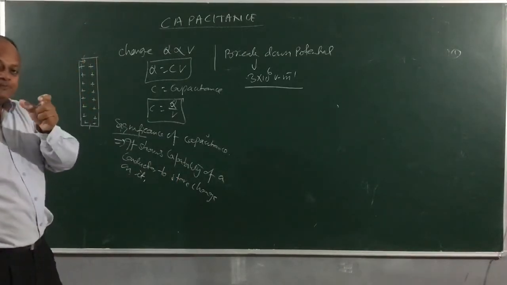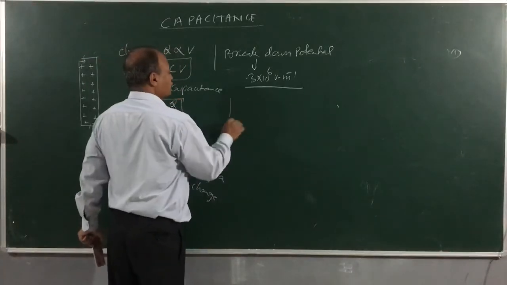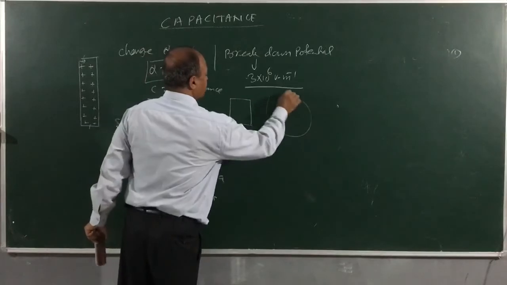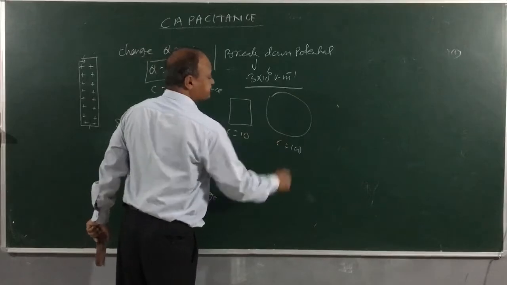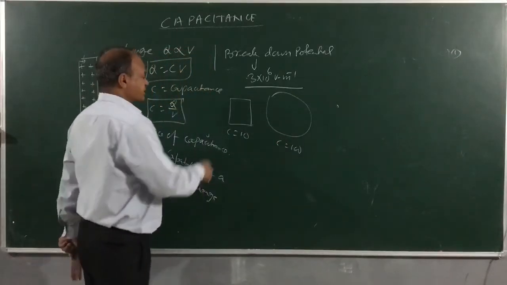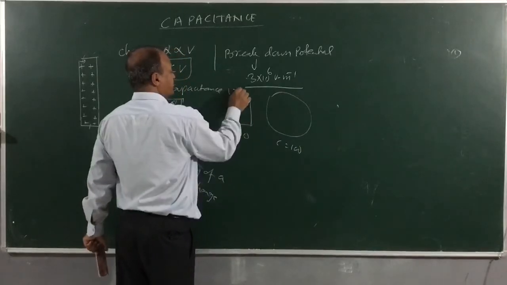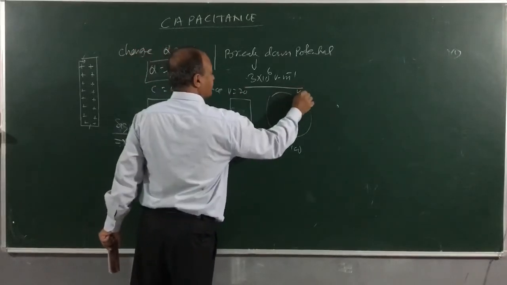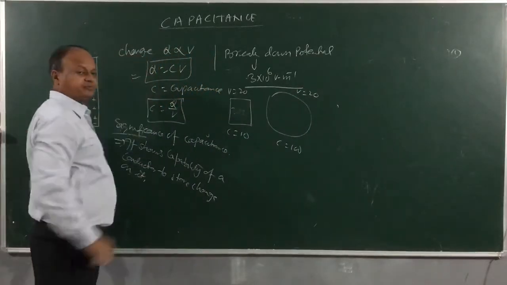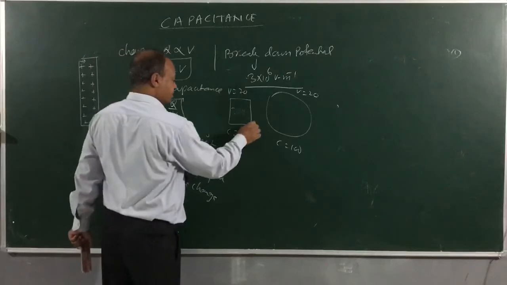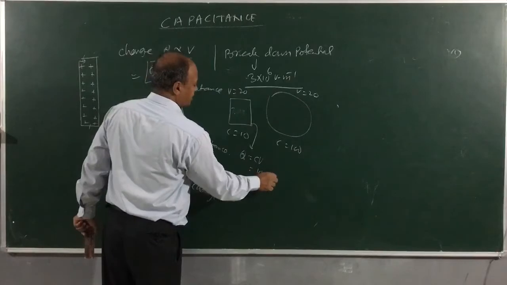Let's understand C in a more simplified way. Suppose I take two conductors. One conductor is here, another conductor is here. For this conductor C is 10, and for this conductor C is 100. And potential suppose is 20 volts. V here is 20, here also V is 20. If I use this equation, then for the first conductor, Q will be C into V, which is 10 into 20.